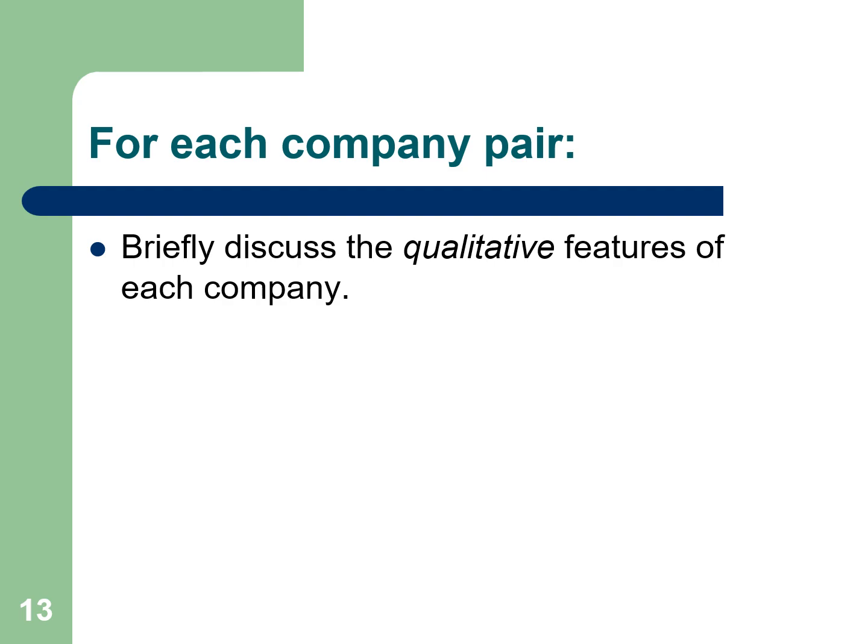Start by identifying and briefly discussing the qualitative aspects of each company. These can include the industry in which they operate, their business models, their market position or competitive advantage, and any external factors influencing their operations, such as regulatory environment or economic conditions.